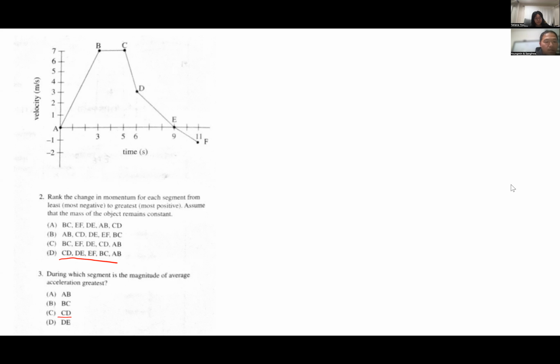Okay, so number 2, the change in momentum is proportional to the change of velocity, right? Because there's no change of mass, the momentum change must be a function of the variation in the velocity in a given time. So the velocity variation along AB is 7 meters per second, right?